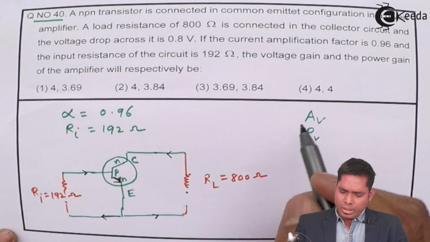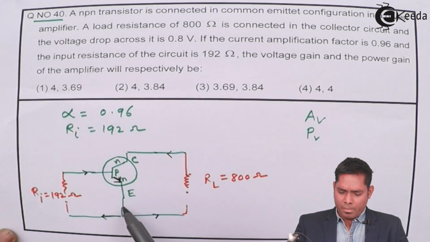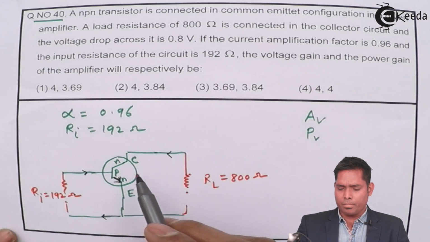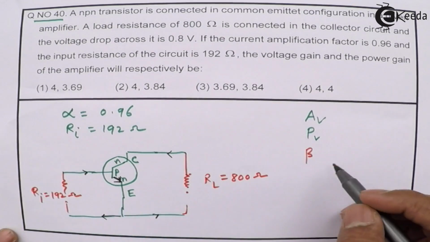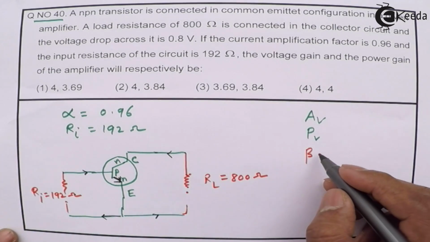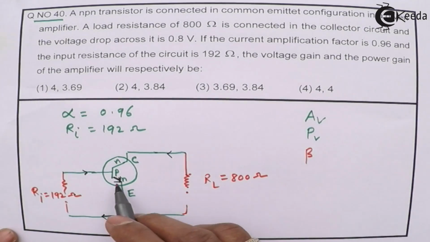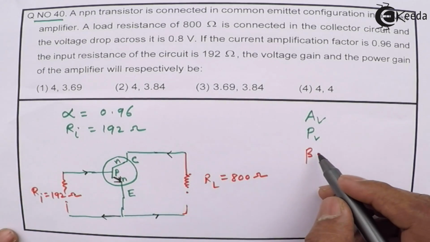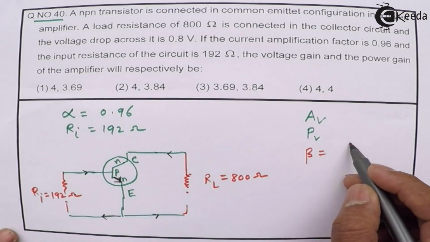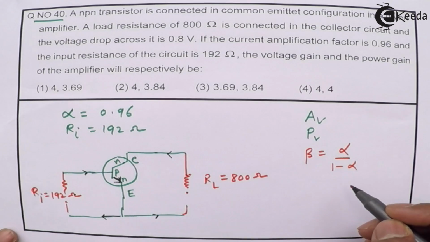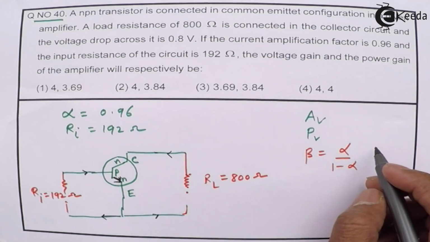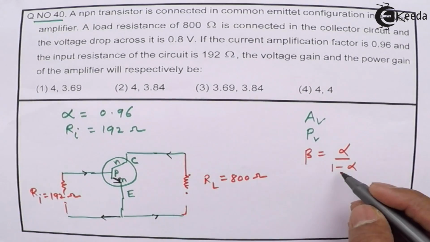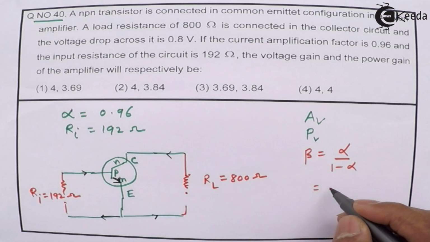Now in common emitter configuration, we have to find beta. What is beta? For common emitter configuration of an NPN transistor, beta equals alpha divided by 1 minus alpha.